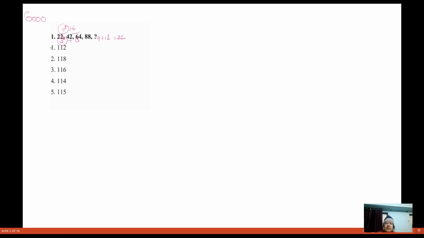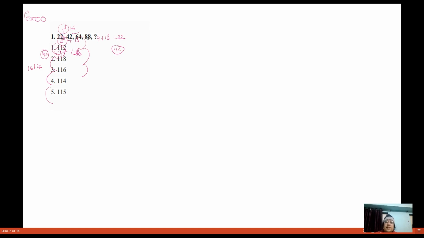Then I did 42. So 42 is 4 square plus 13. 4 square is 16, 16 plus 26 I'll do here because 2 times. So 16 plus 26, I got 42. So what I'm thinking here is that it is just the consecutive squares, and then 13 is multiplied.